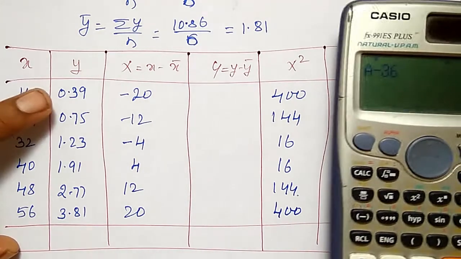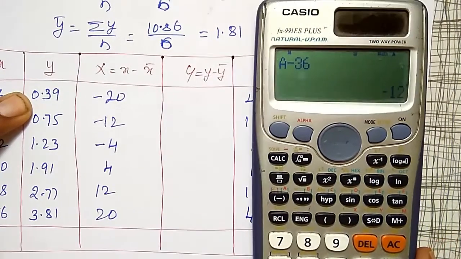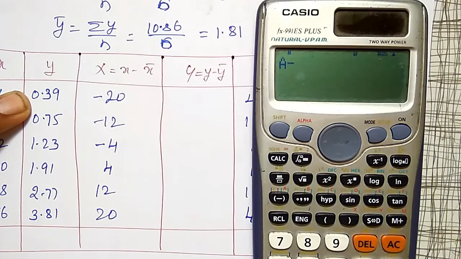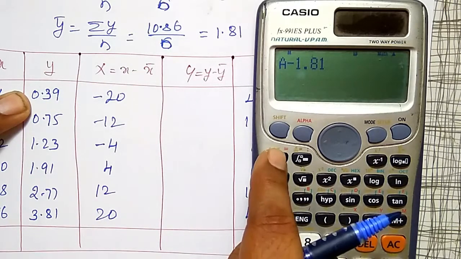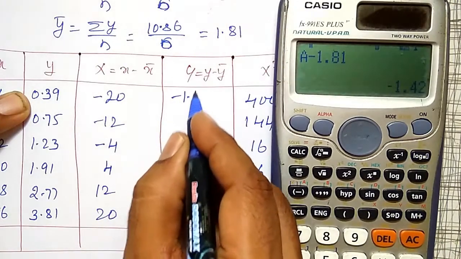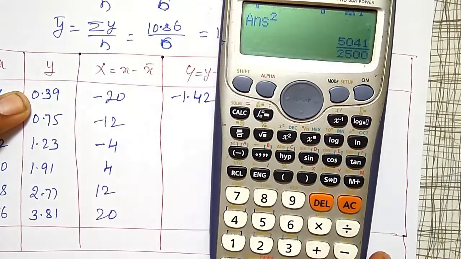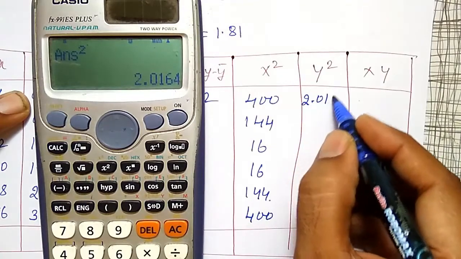Similarly for the y values, y minus y bar. Here I have to change the value to 1.81. Y is 0.39 minus 1.81, which is minus 1.42, and its square is 2.0164.